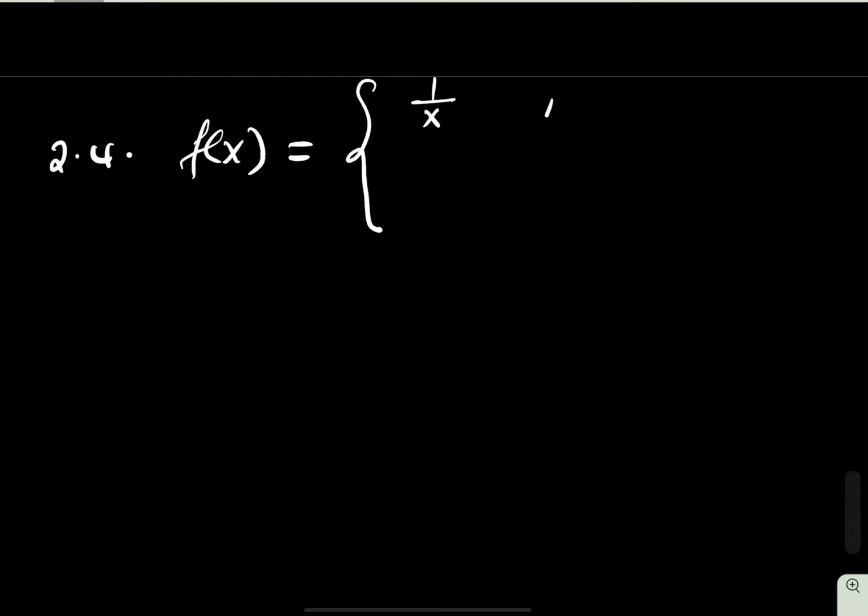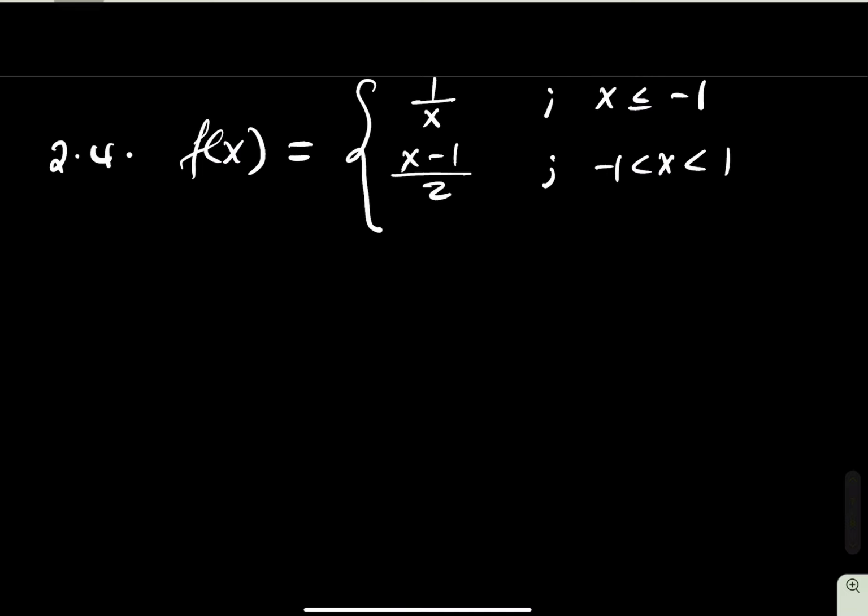That is 2.4. We are given f at x, it's a piecewise function. Well, we are told that 1 over x is for x less than or equal to negative 1. And then x minus 1 over 2, they are saying that x here is in between negative 1 and 1 exclusive.